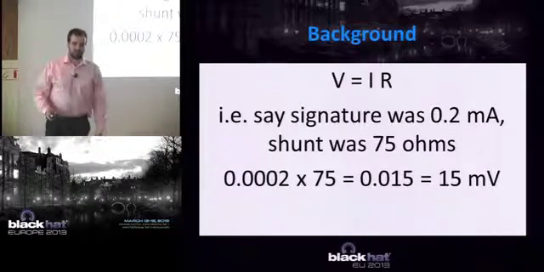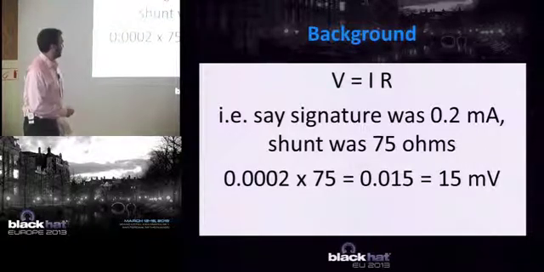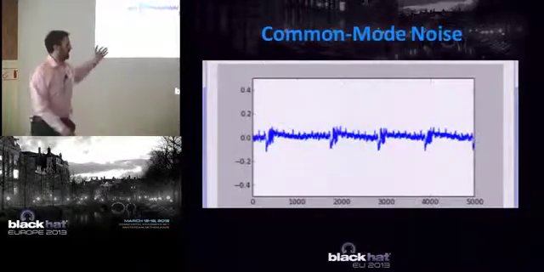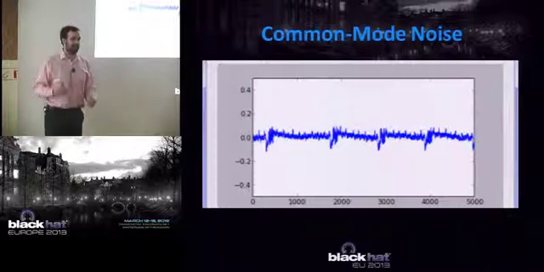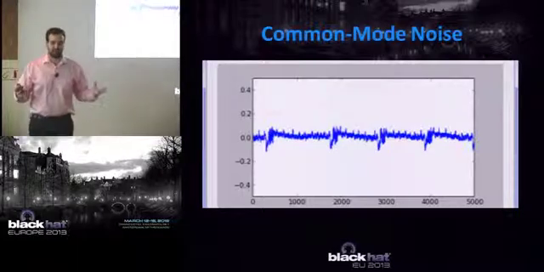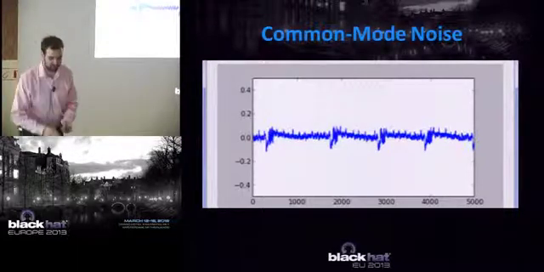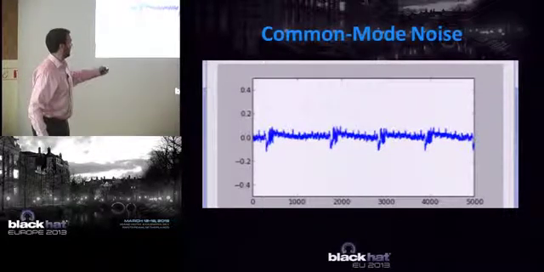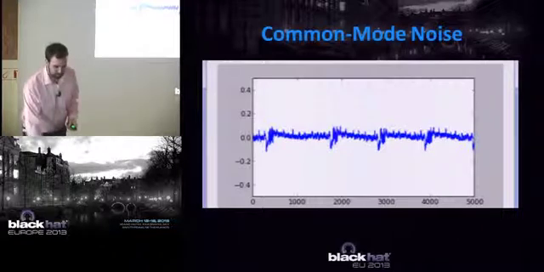The shunt was 75 ohms. We'd expect about 15 millivolts across that resistor. The problem is that if you had 30 millivolts of noise, which isn't that much, you've basically totally obliterated your signal. And this common mode noise, for example, came from a regulator in the system I was using.